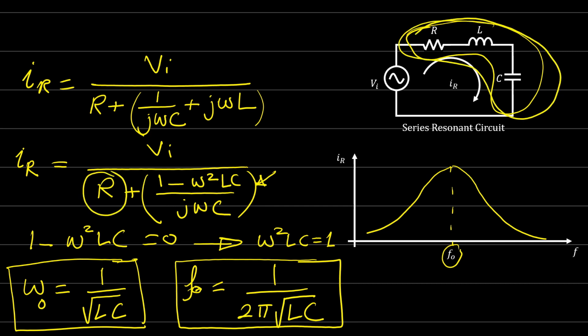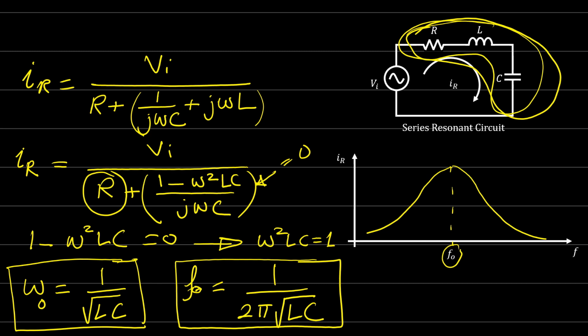R only. Now when this term is equal to 0, the capacitor and the inductor cancel each other, but there is still a capacitor and an inductor. We don't remove them, but the behavior of the capacitor and the inductor is like they cancel each other, as if we don't have any capacitor and inductor in the circuit. And this is the beauty in resonant converters, because actually we have parasitic capacitance, for example, in the inductor and in the transformers.